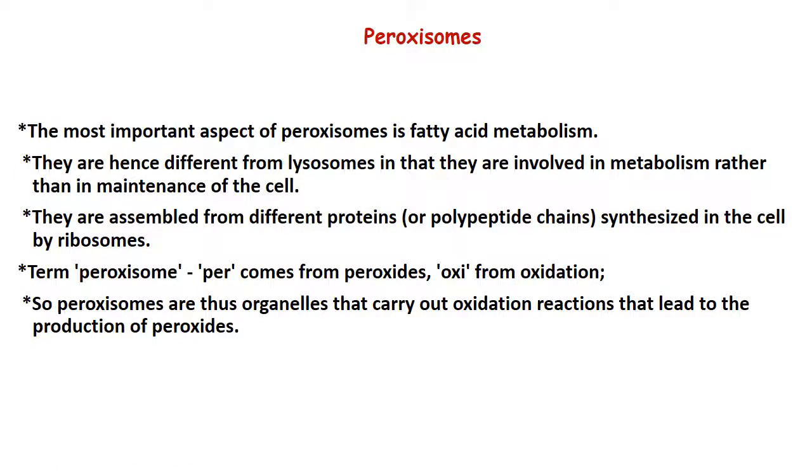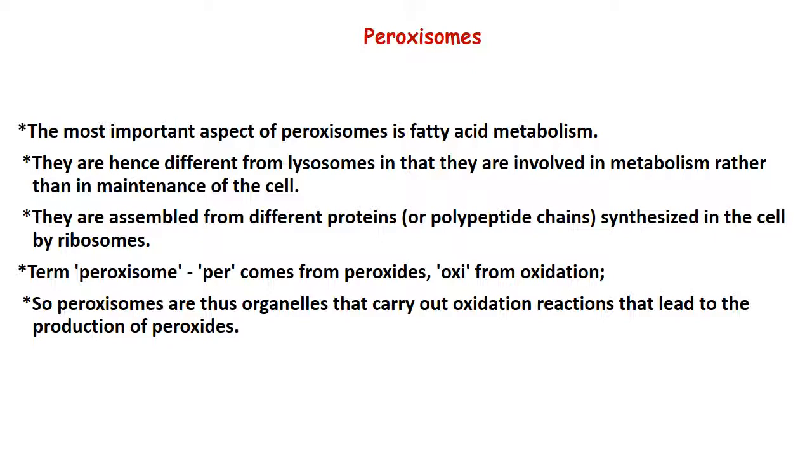Peroxisomes. These are a most important aspect of cell structure, functioning in fatty acid metabolism. They are different from lysosomes in that they are involved in metabolism rather than in maintenance of the cell.